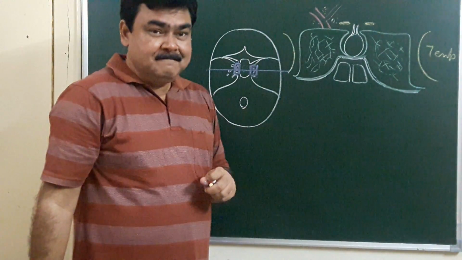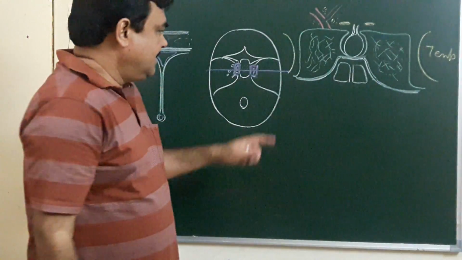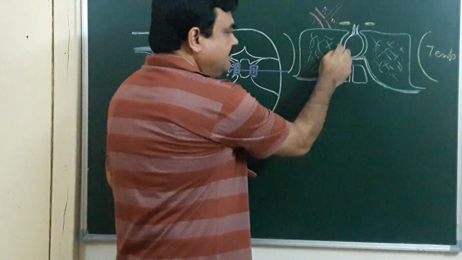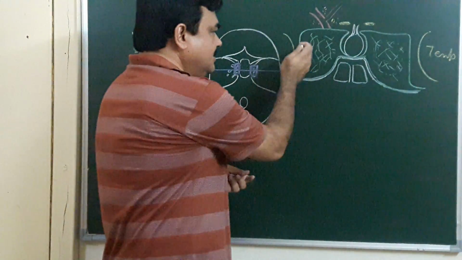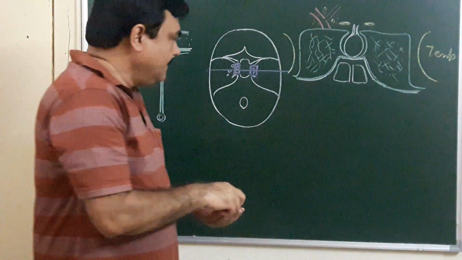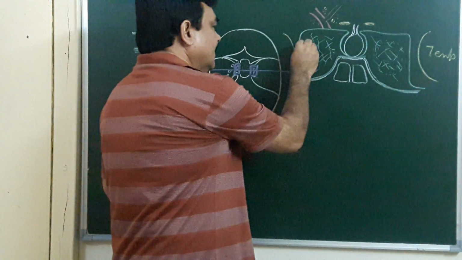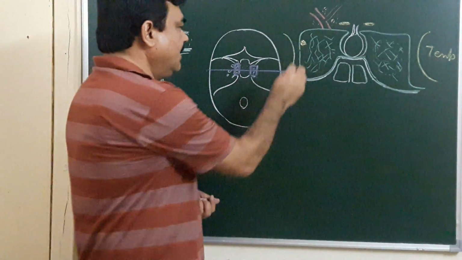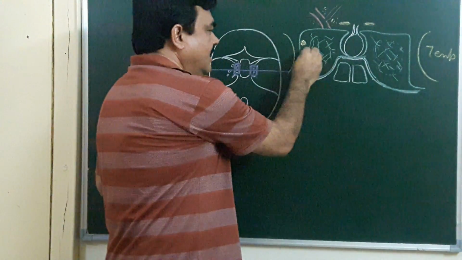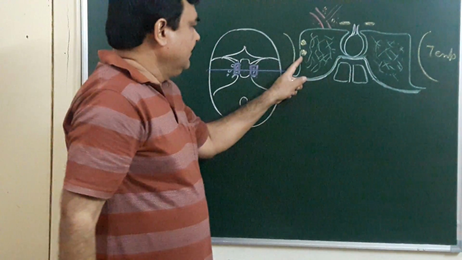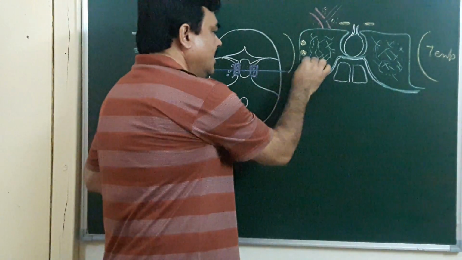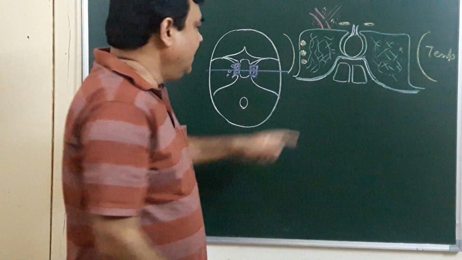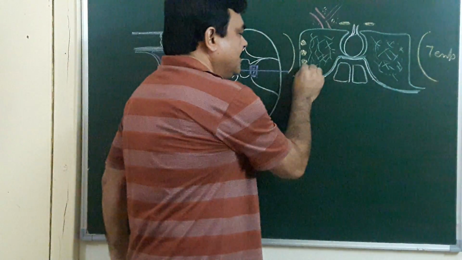Now the structures present in the lateral wall of the cavernous sinus. So this is the cavernous sinus, this is the floor, this is the lateral wall, this is the roof, this is the medial wall. In this lateral wall, the structures present are the oculomotor nerve, the third cranial nerve, the fourth cranial nerve, that is the trochlear nerve, the ophthalmic division of the trigeminal and the maxillary division of the trigeminal.